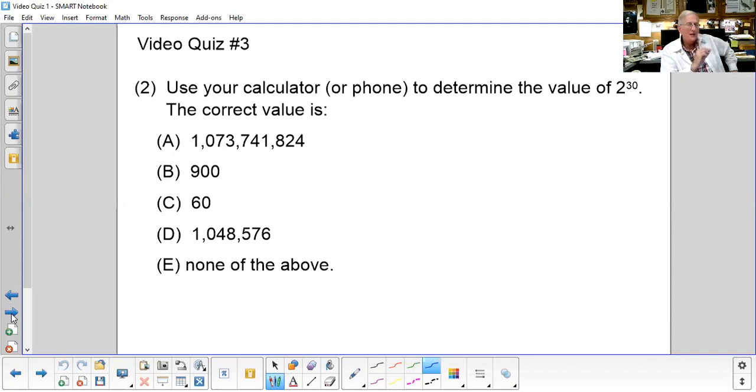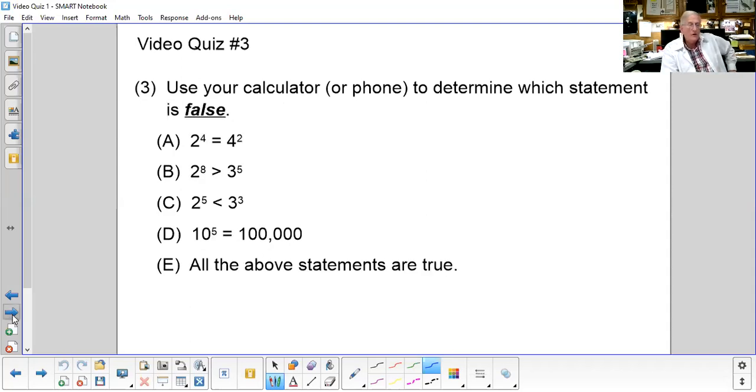It's 2 caret 30, right? Or 2 y to the x 30. Now I think probably you have your answer now, so I'm going to move on.